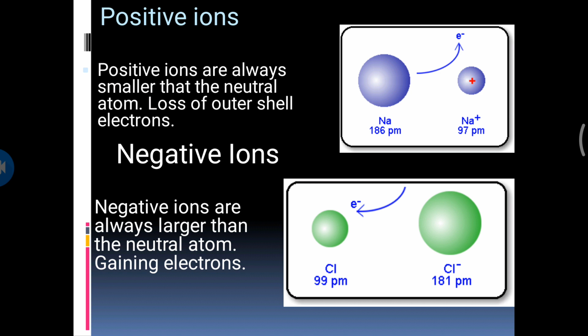Negative ions are always larger than neutral atoms, because gaining an electron forms negative ions.